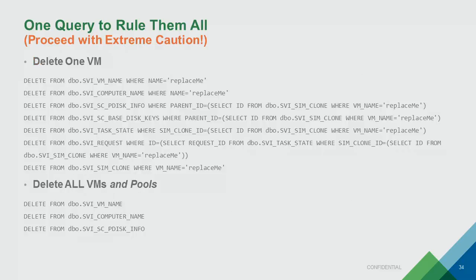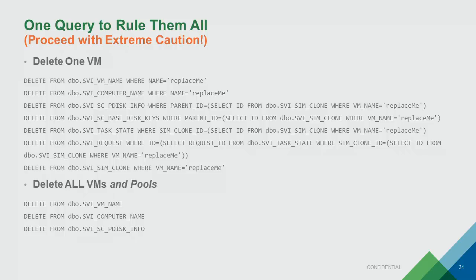Making sure you back up, of course, always back up everything before you do it. But if you do need to really just gut the thing and you don't want to reinstall, here's a query. Now, this actually got truncated at the bottom, and I will try to update this before we publish it. I don't know what happened there, I think when we switched to the widescreen format, but there is a query here. The top one is correct. If you need to delete just one virtual machine from Composer, this is what you would do.